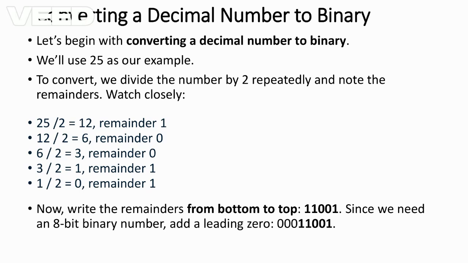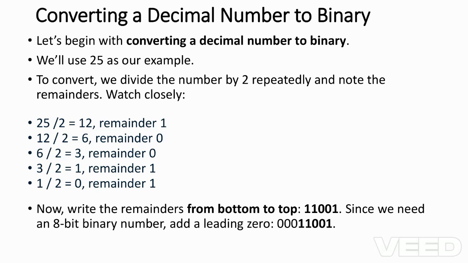So we have 1, 1, 0, 0, and 1. Since we are in binary numbers, we have other binary sizes: 2 bits, 4 bits, 8 bits, and 16 bits. Most binary numbers adopt 8 bits.